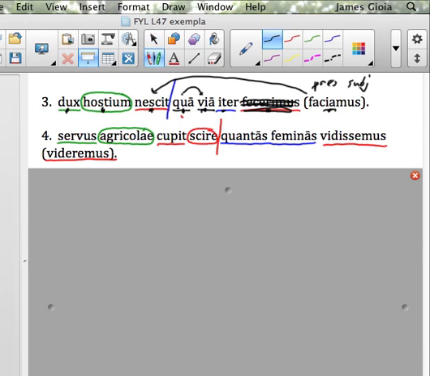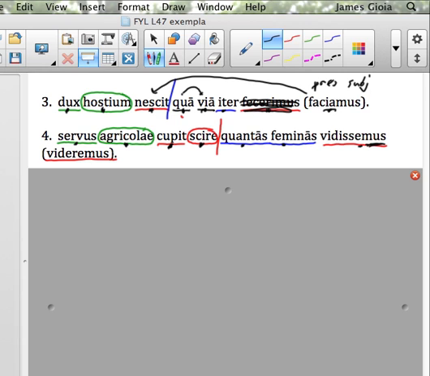So, the slave of the farmer desires to know. So desiring might not necessarily be considered a head verb, but to know is certainly a head verb, and that can lead to an indirect question. The slave of the farmer desires to know quantas feminas, how great the women, vidissemus, notice the -mus, we had seen.